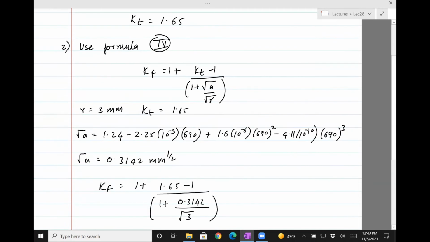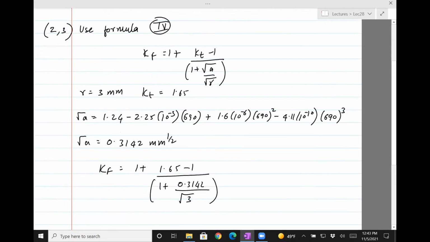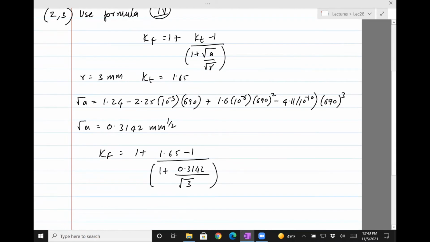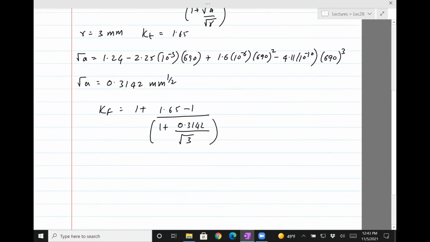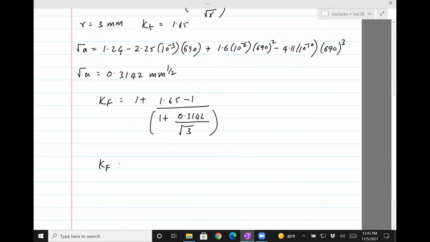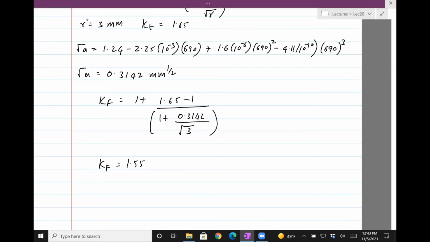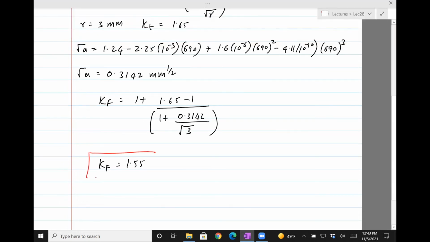Okay, so by the way, I actually combined 2 and 3, because that formula 4 combines them, and just eliminates q, so you don't really have to solve for q. So solving it using this formula, Kf comes out to be 1.55, which is exactly the same as we found before. We get the same answer, which is what you'd expect.